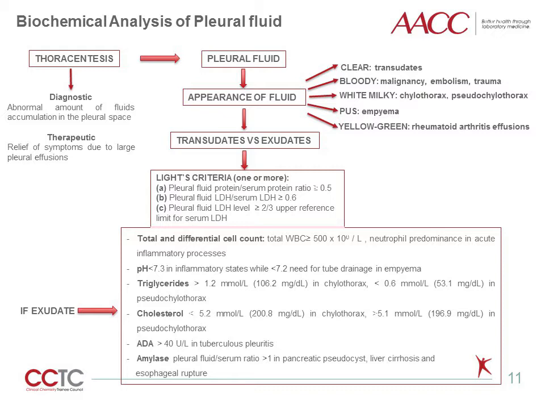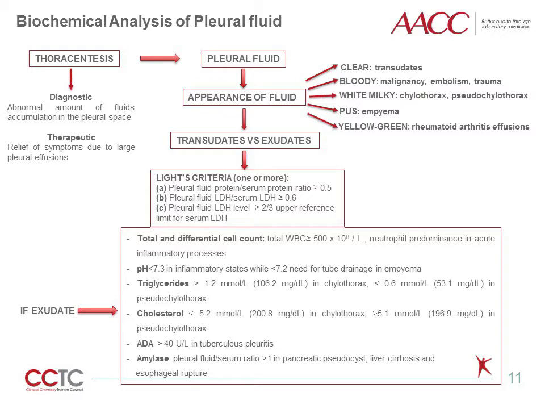Neutrophil predominance may occur in acute inflammatory processes such as parapneumonic, tuberculous effusions, pulmonary embolism, and viral infections. A pH less than 7.3 occurs in inflammatory states, while a pH below 7.2 in patients with parapneumonic effusion indicates the need for tube drainage.